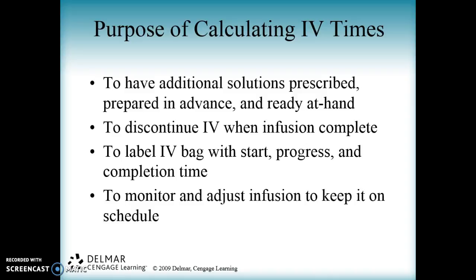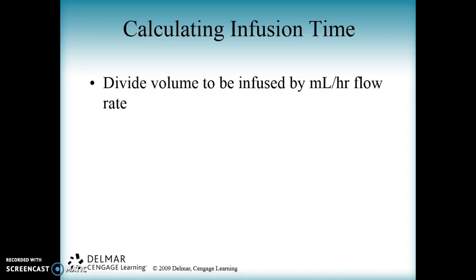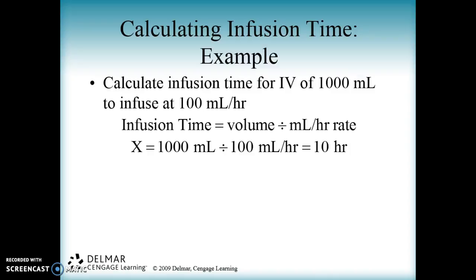In order to calculate an IV time, we're going to use, again, a simple formula. That formula is to divide the volume by the rate in milliliters per hour. We want the volume to be in milliliters, and we're going to divide by the rate in milliliters per hour. Here's an example for you.